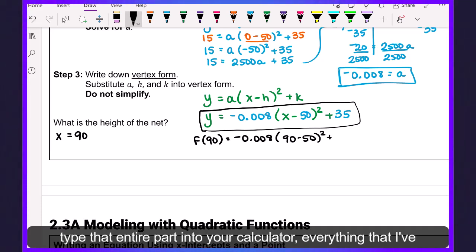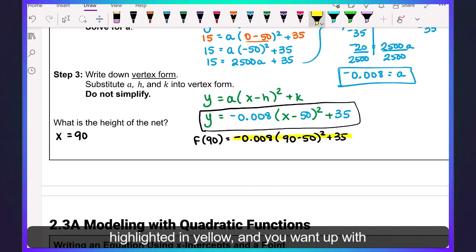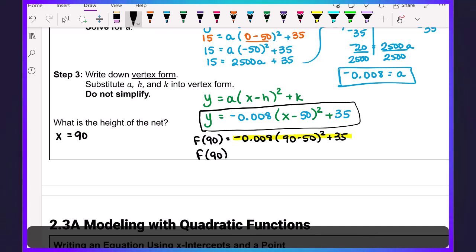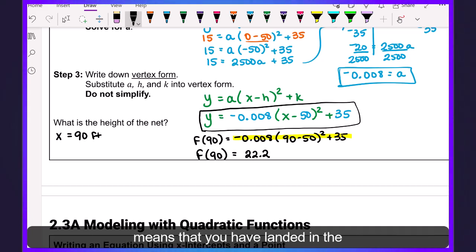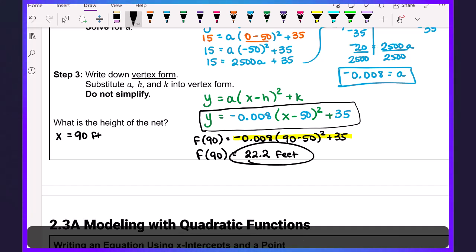Type that entire part into your calculator, everything that I've highlighted in yellow, and you wind up with 22.2. So what does that mean? If you are 90 feet away, that means that you've landed in the net 22.2 feet in the air. And that's how high the net is.